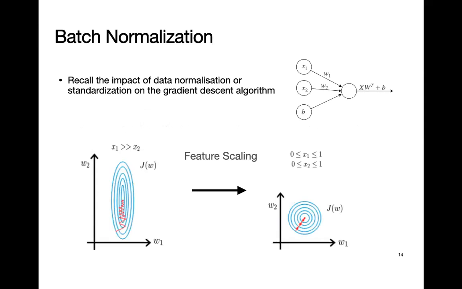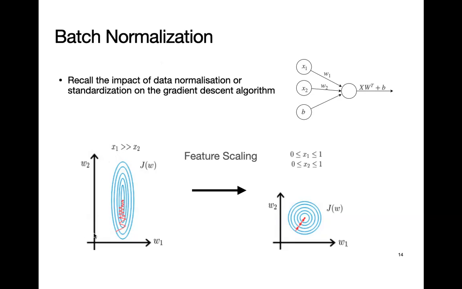You recall the impact of data normalization and data standardization, right? On your logistic regression or linear regression model, we have seen that if we have some features that are in a bigger range than some other features, the contour plot of your loss function can look like this. It's kind of an ellipse, right? And the center of this contour plot is your objective, the best value that you're looking for, okay?